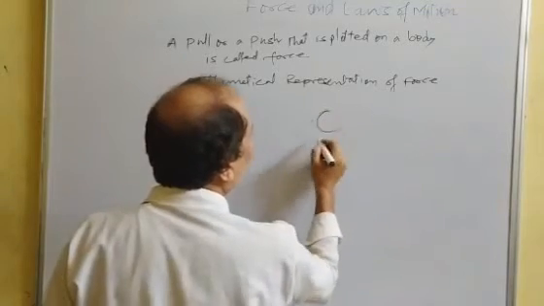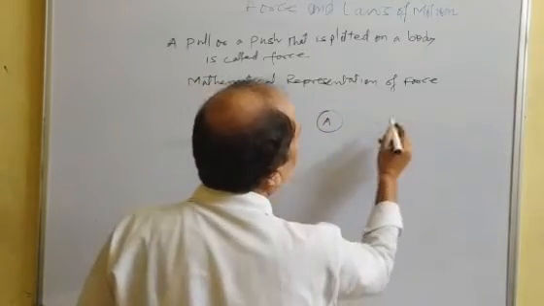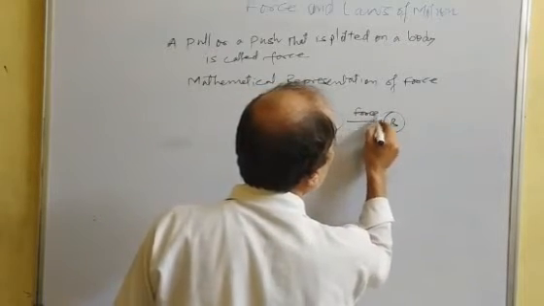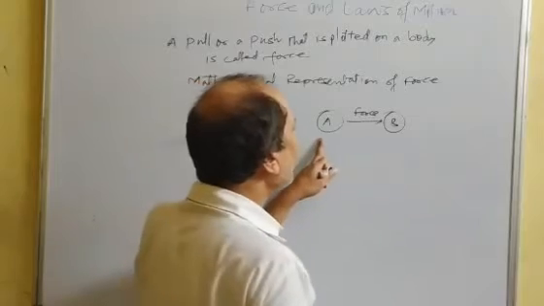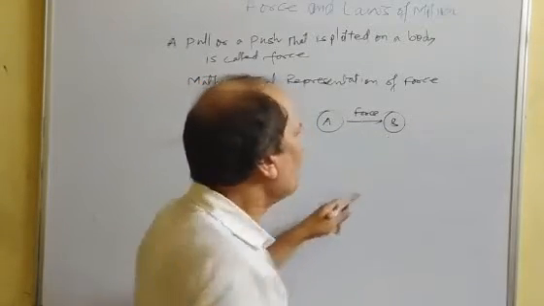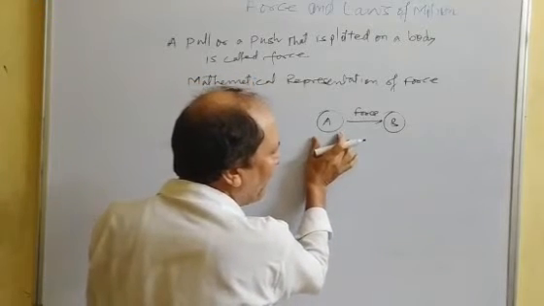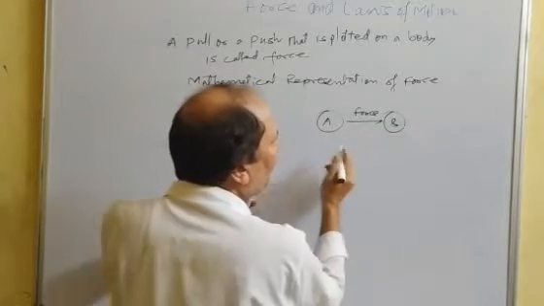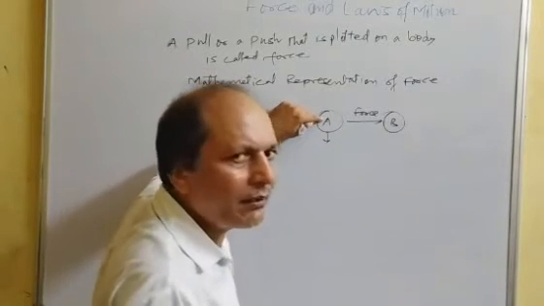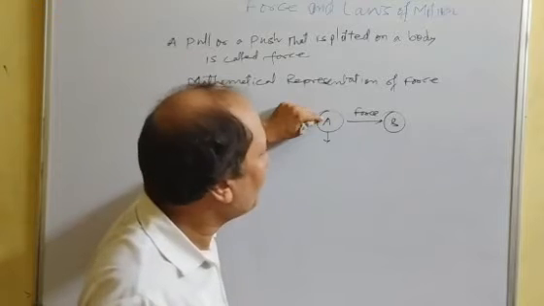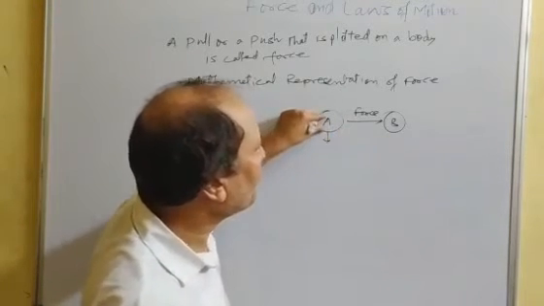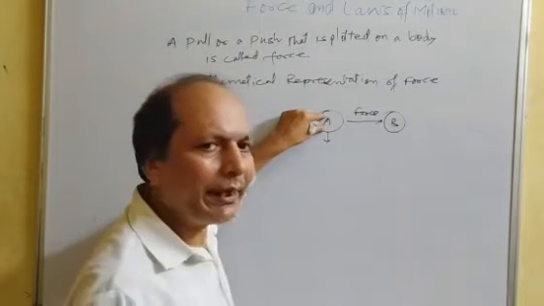Suppose here is a body A, and it applies force on body B. So the force applied by body A on body B will be equal to the magnitude of the mass of body A and, due to colliding, the rate of change of velocity of body A.